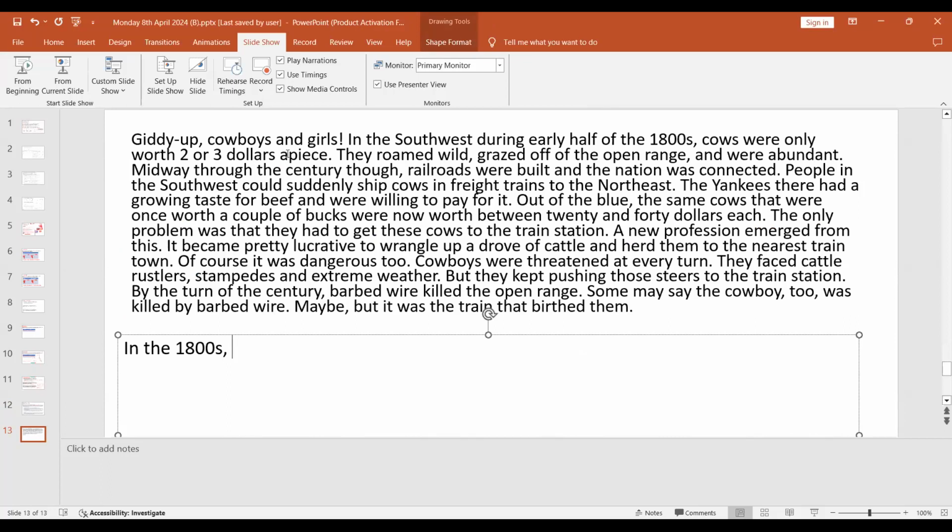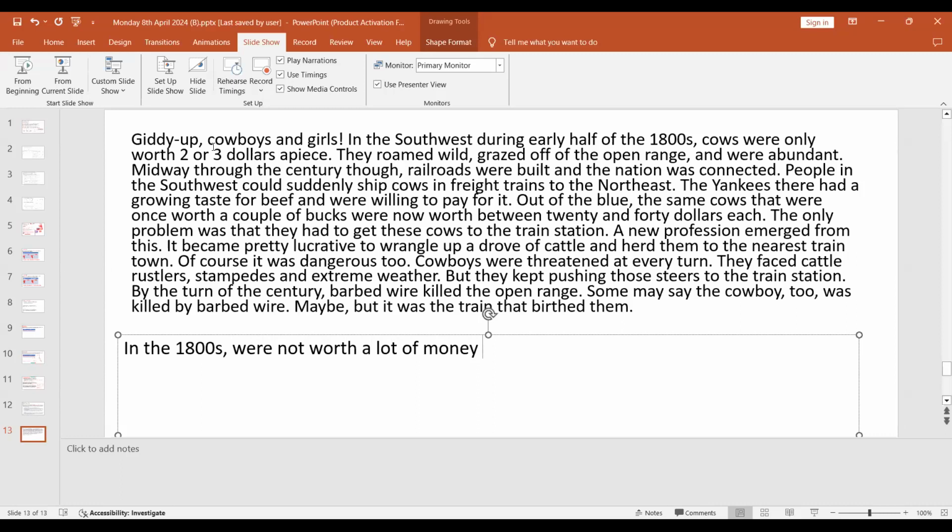They were cheap. So we don't have to say exactly how much they were worth. We just need to say that they were cheap. So in the 1800s, cows were not worth what? A lot of money, right?